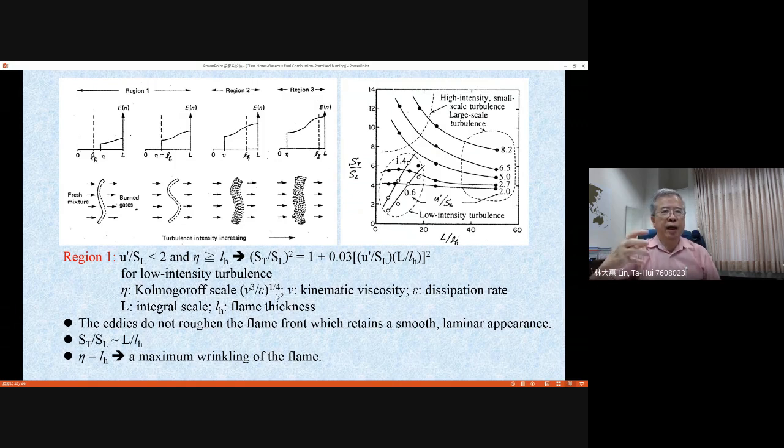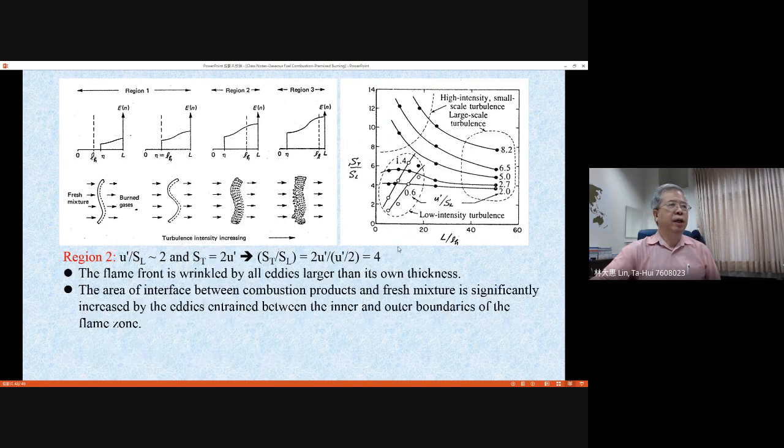We are looking at the burning intensity or flame speed under low intensity turbulence. Now, if you increase the turbulent intensity more, that means we increase U prime divided by SL larger than 1.4. When you reach 2, when U prime divided by SL equals 2, now we go to region 2.